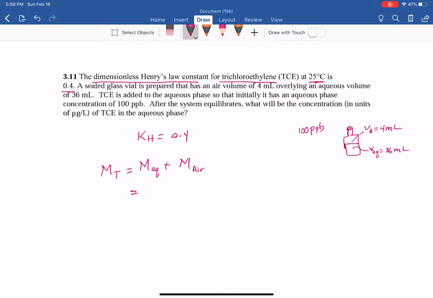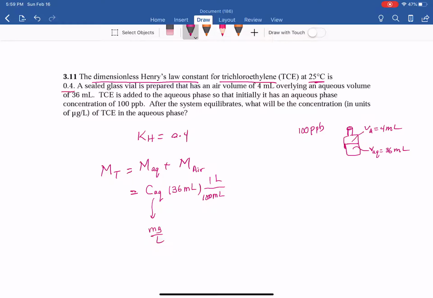The mass aqueous is, remember from the notes, you multiply the concentration aqueous times the volume. What is the volume for water? 36 milliliters. And remember the concentration is milligram per liter, so we have to convert this into liters.